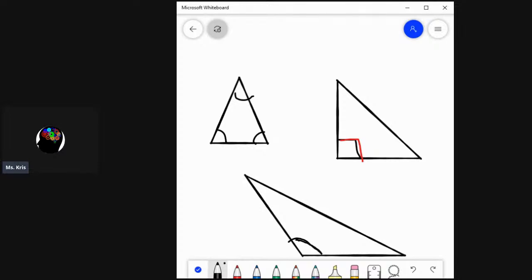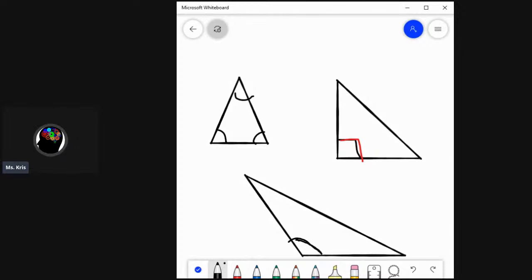Now, can you have a straight line inside of a triangle? No, you cannot. Simply put, a triangle is a straight line that is bent into three sides. So if you take it apart, it is a straight line.